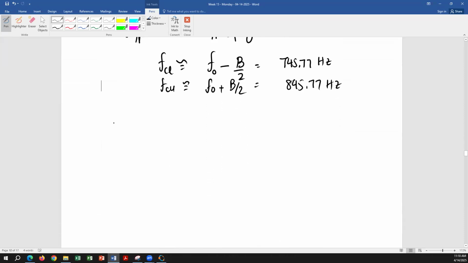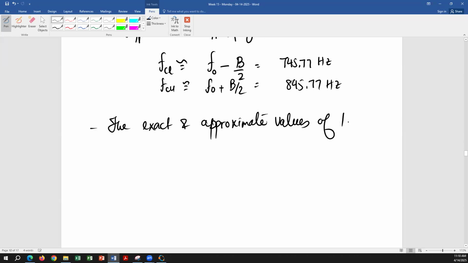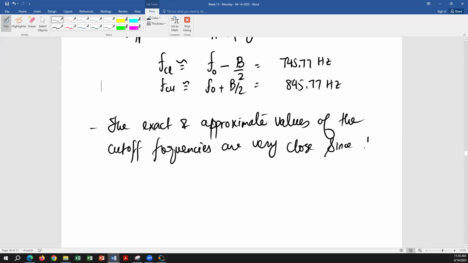So the exact and approximate values of the cutoff frequencies are very close, since the quality factor is quite large.